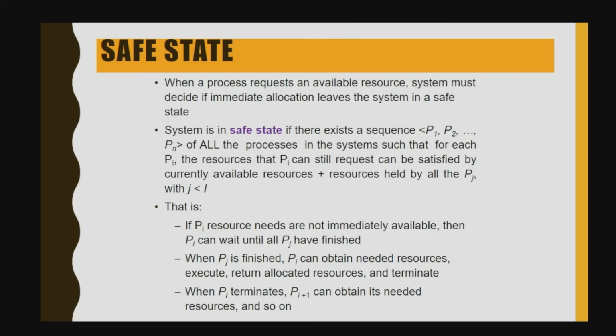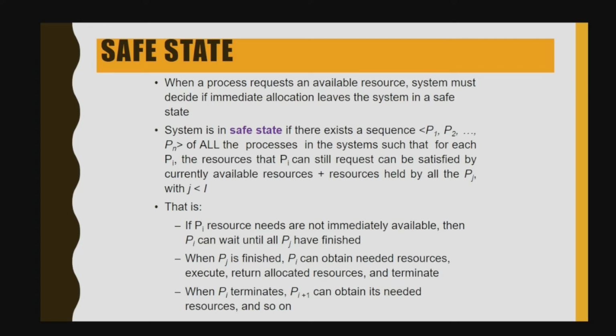Okay, the next part is about the safe state and the unsafe state. When a process requests an available resource, the system must decide if immediate allocation leaves the system in a safe state.